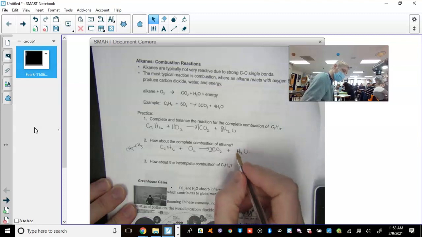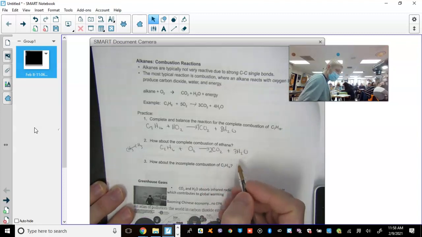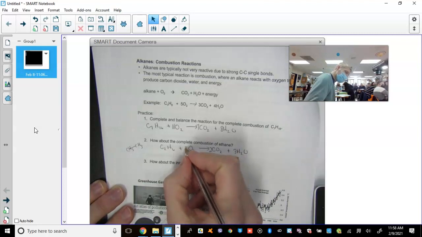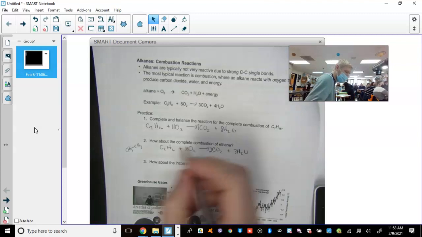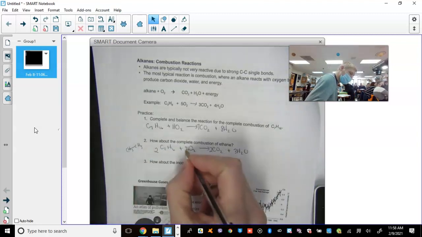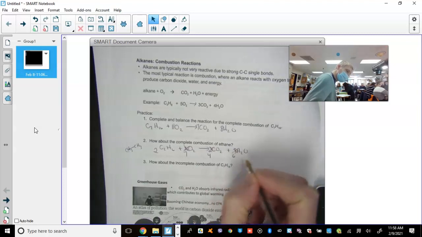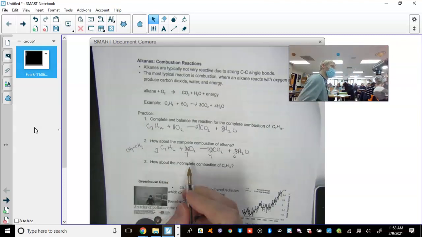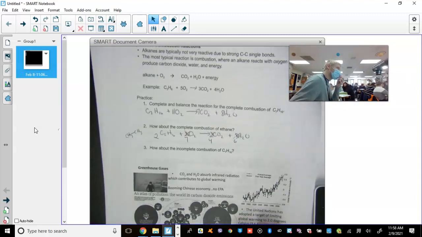We've got 6 hydrogens, so we need a 3. We got 4 plus 3 is 7. 3.5 times 2 is 7, but we can't have a decimal coefficient. So we got to multiply it all by 2. And that's the quick, easy little trick to do it. So it's a 2, 7, 4, 6. We haven't done balancing in a long time. This is fun.